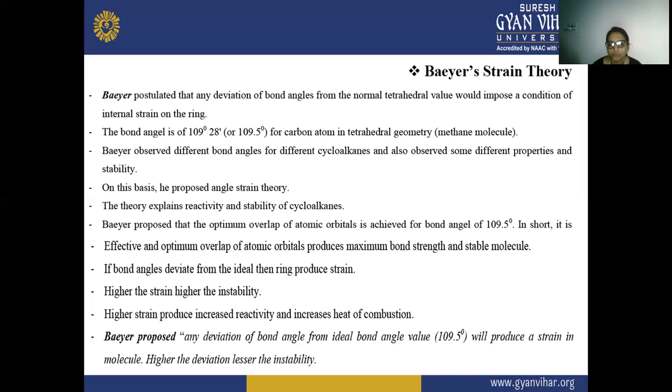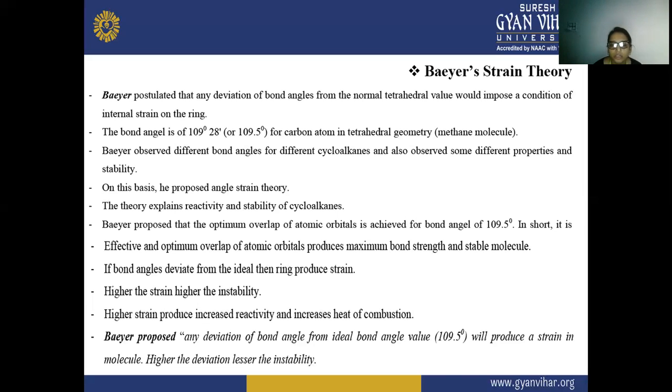So Bayer proposed any deviation of bond angle from ideal bond angle will produce a strain in the molecule. Higher the deviation, higher the instability. So here Bayer proposed a theory.